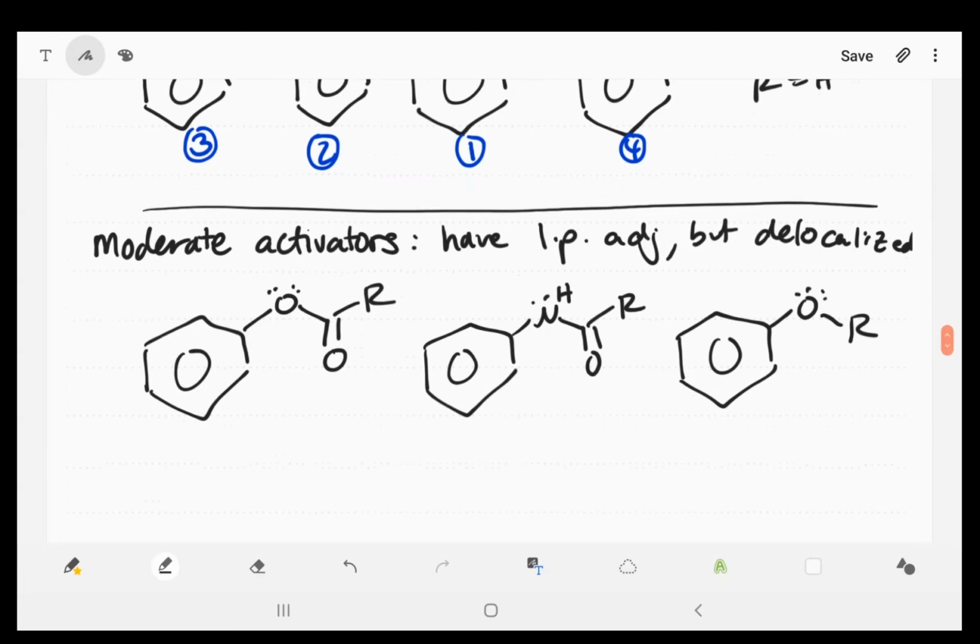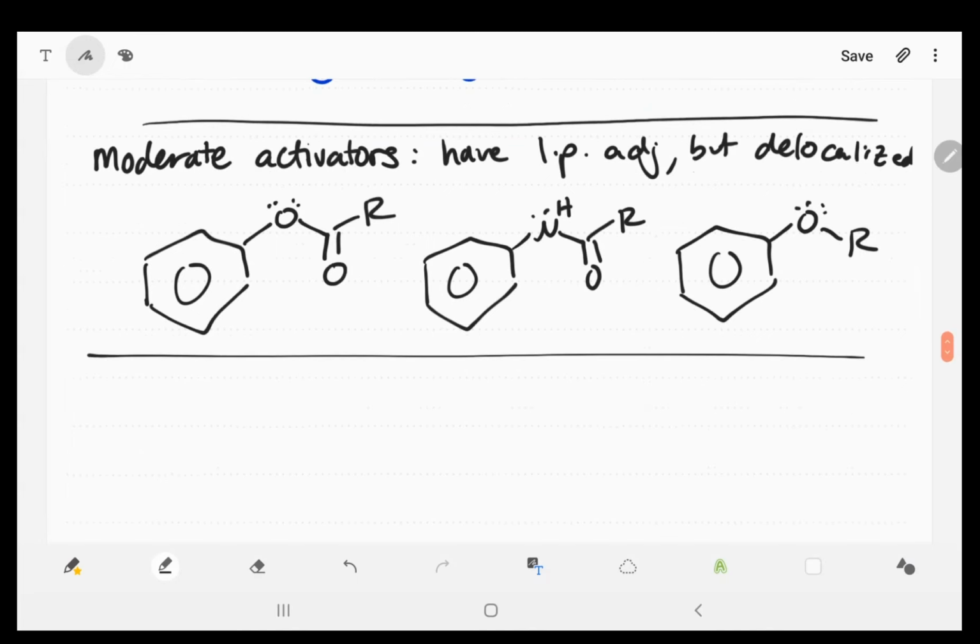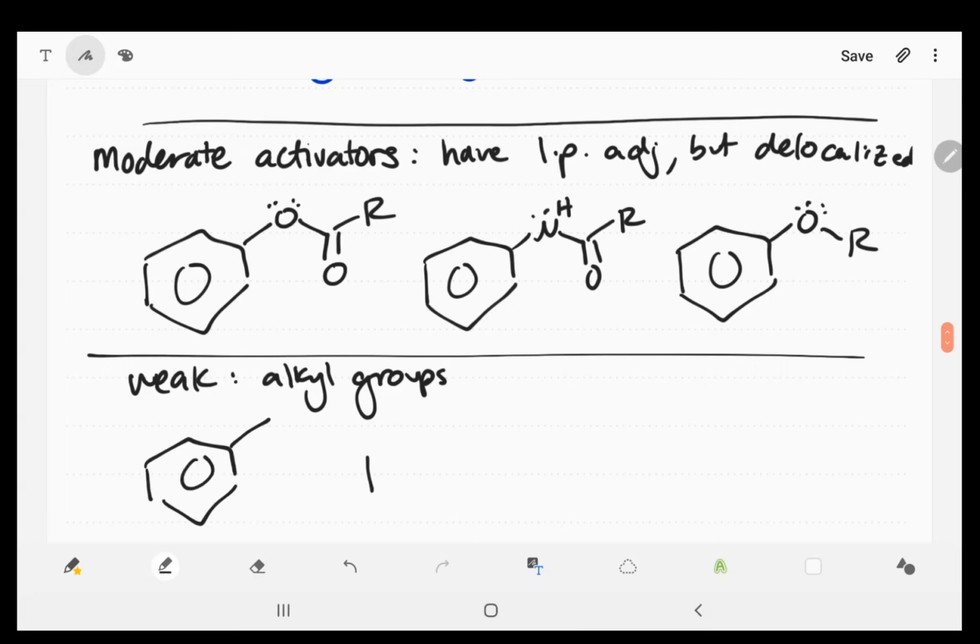All right, and then our weak activators are going to be our alkyl groups, because these ones can contribute by stabilizing the carbocations in the sigma complex, but they can't resonate. So, I mean, methyl, ethyl, whatever.